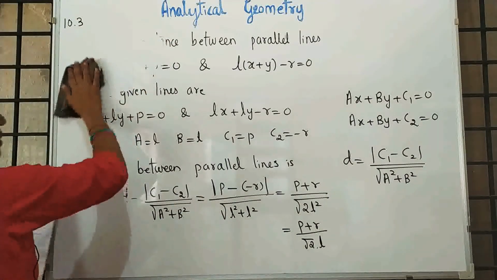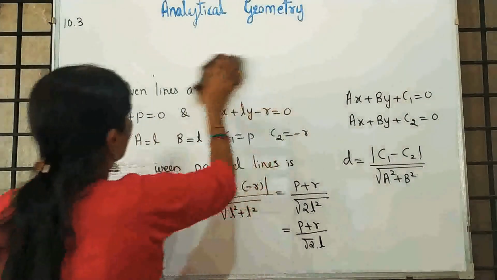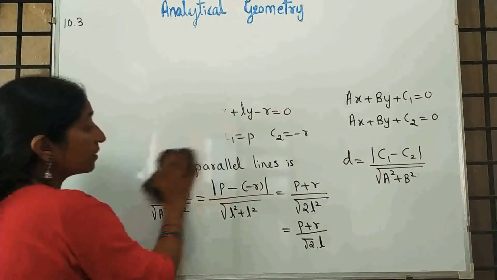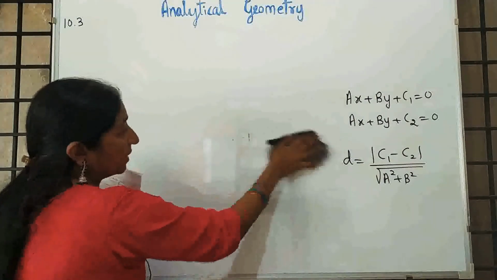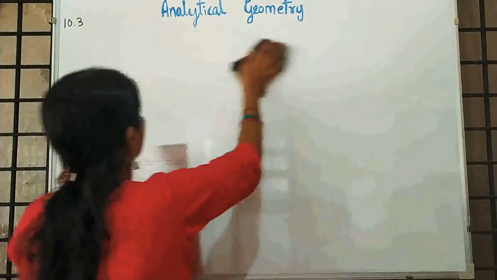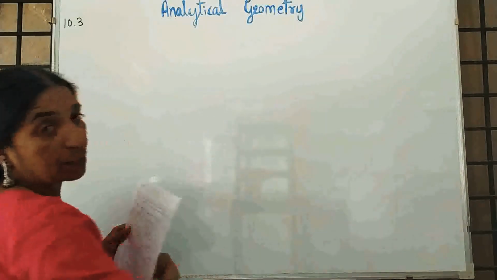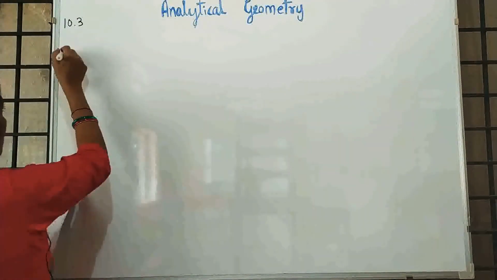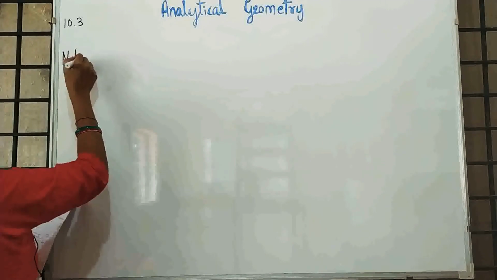Before moving to question number 7, I am giving you an important concept. It is not in the NCERT, but it is very important. It helps for your first year theory as well as second year CET and competitive exams. Write down that note.